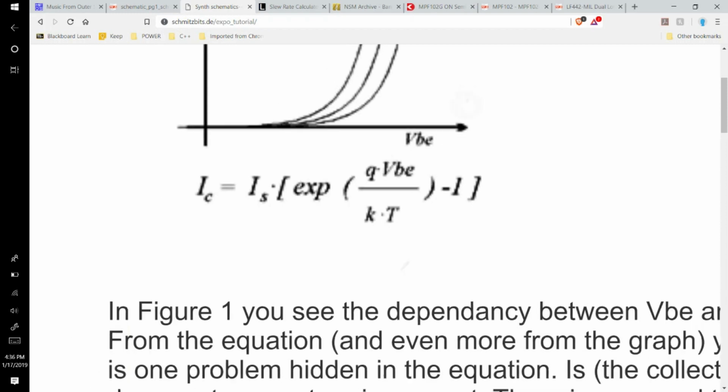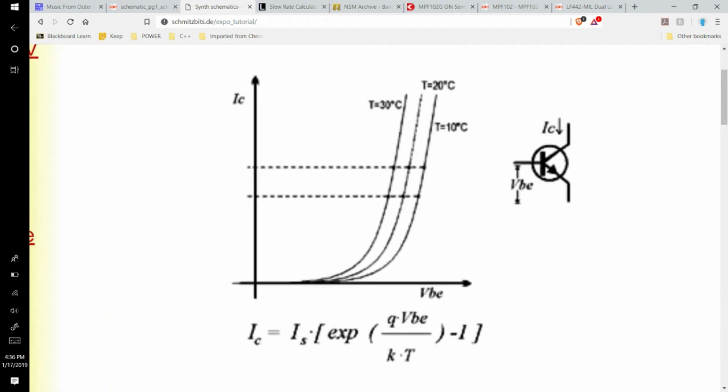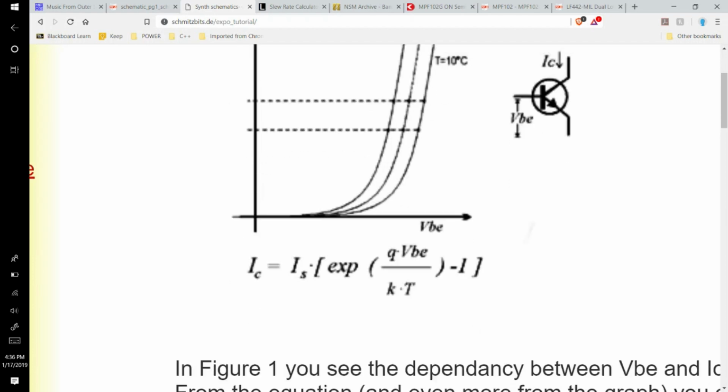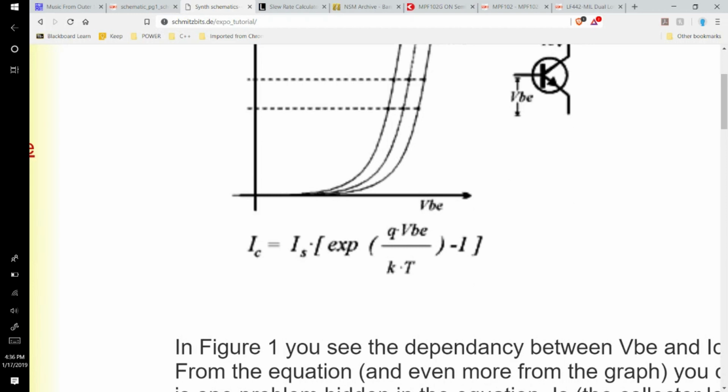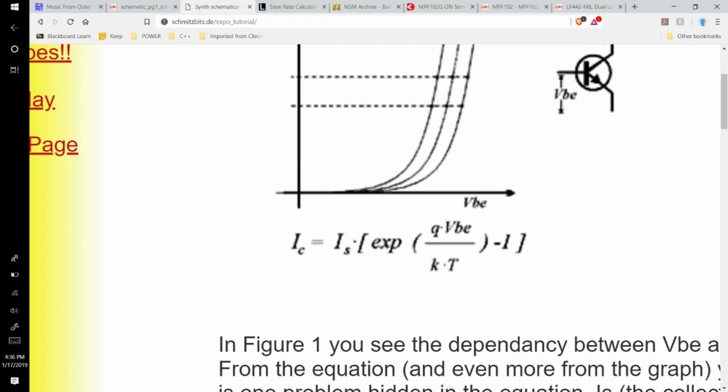But there is a huge temperature dependence in the BJT, which you have to find out the way how you can circumvent that.